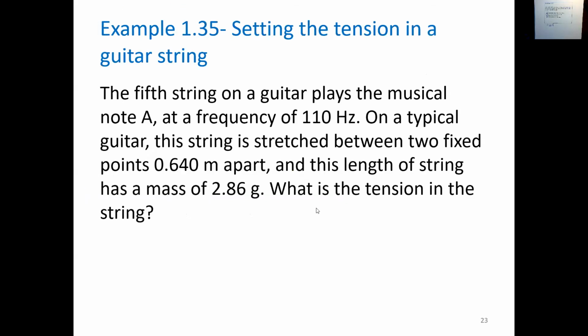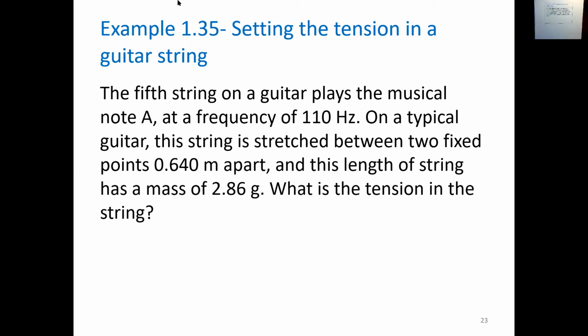Okay, let's look at another example. Take a moment and read this question real quick. Figure out what you know and don't know, and what they are asking us to find.